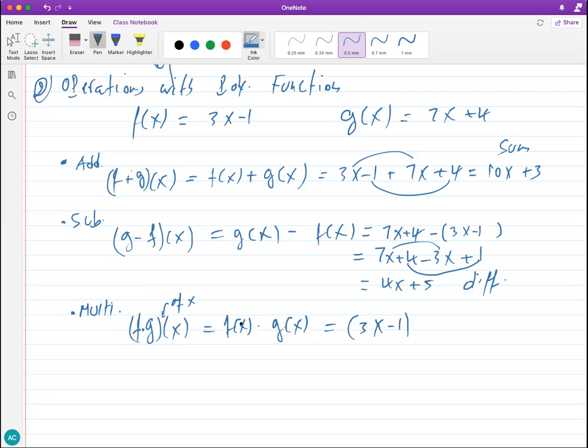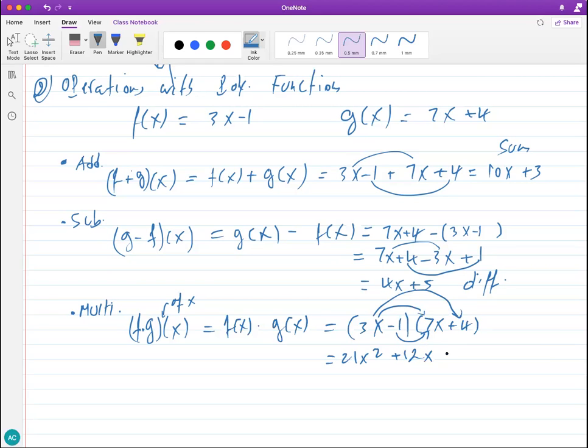Okay, so that's f multiplied by g. And you distribute. 21x squared. That's right, 3 times 7 is 21. x times x is x squared. And 12x, right, plus 12x.